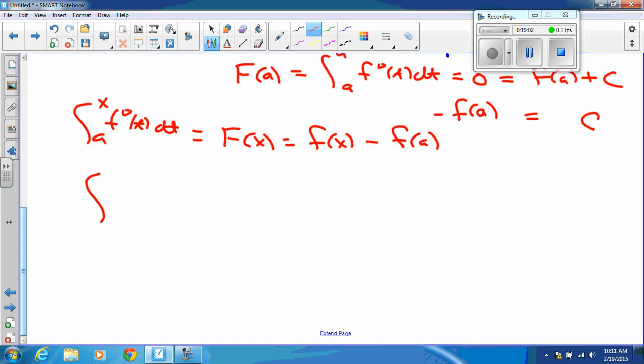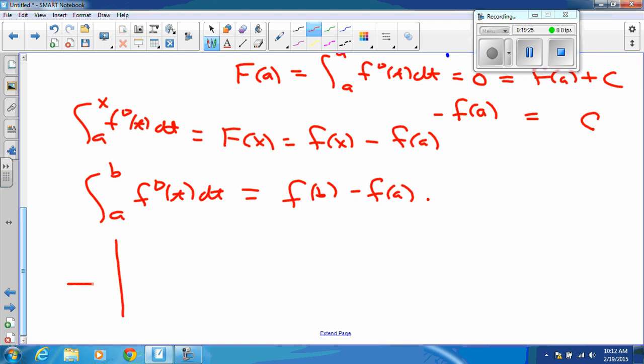And if I now pick any point b as my x, then the integral from a to b of f prime is equal to f of b minus f of a, and we are done. In other words, I can evaluate an area by finding an antiderivative. Now let's see how this works out in practice.